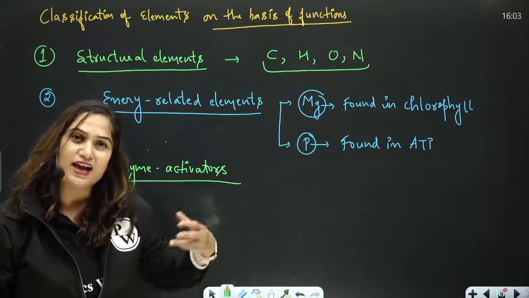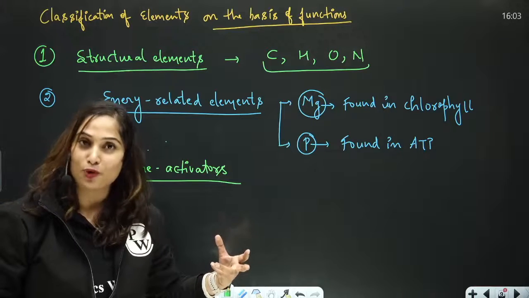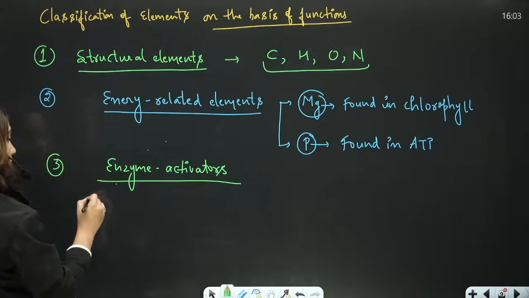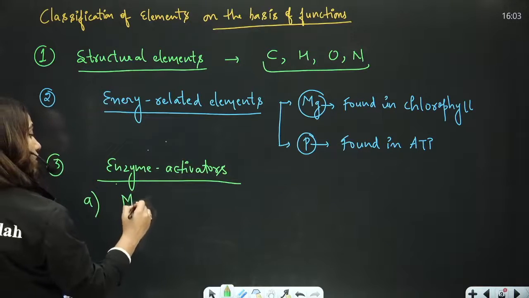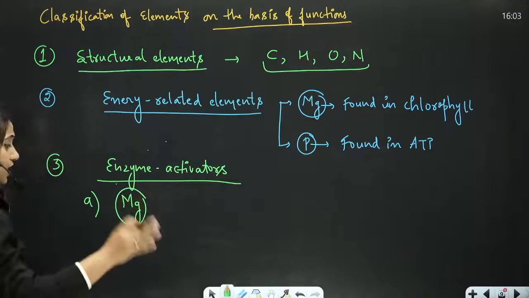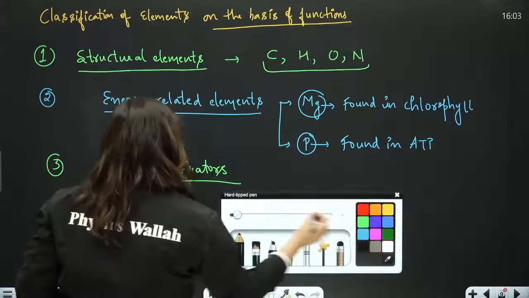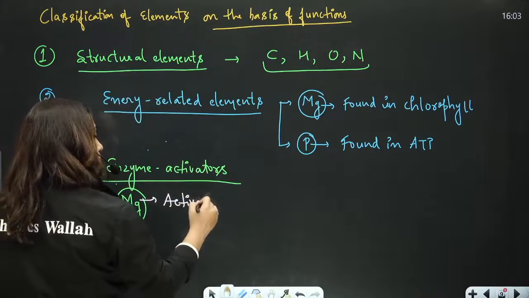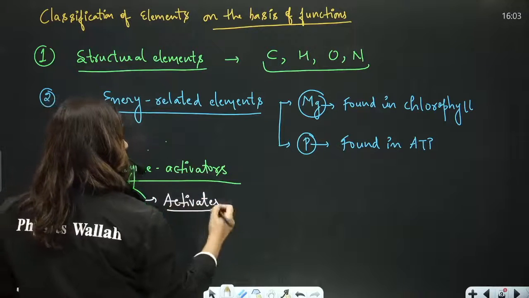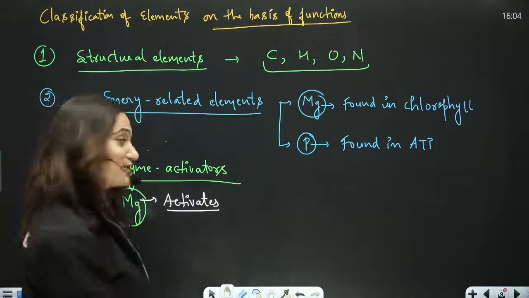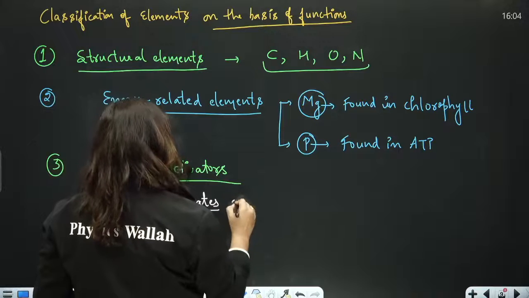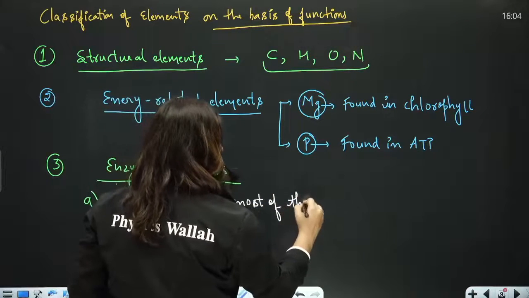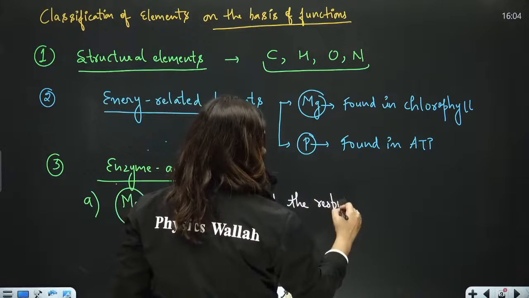That means they activate any enzyme to function properly. A very important enzyme activator is magnesium. It is very, very important. It activates almost all major enzymes involved in respiration and photosynthesis, so it activates most of the respiratory and photosynthetic enzymes.